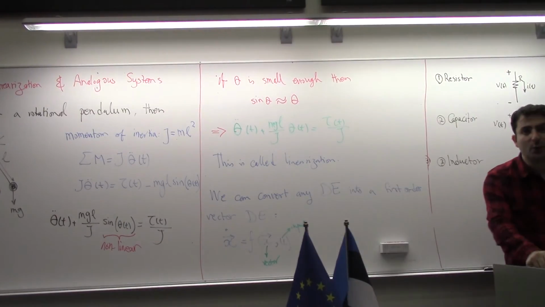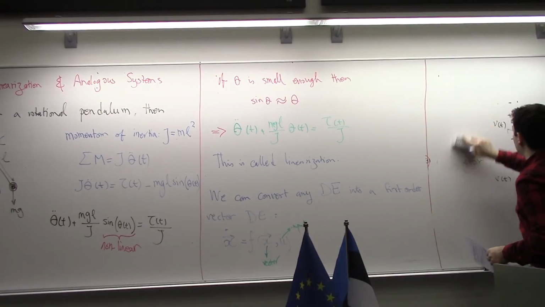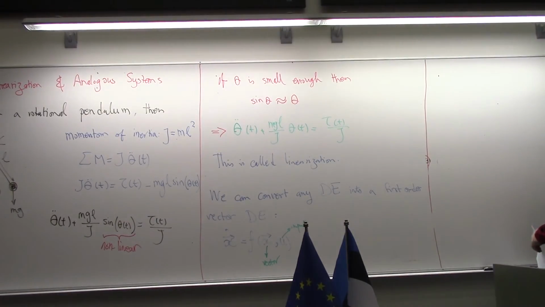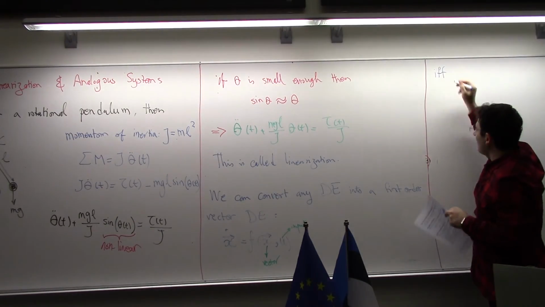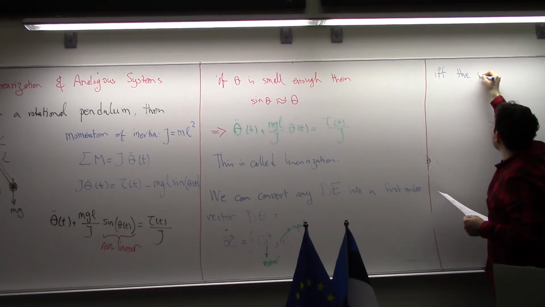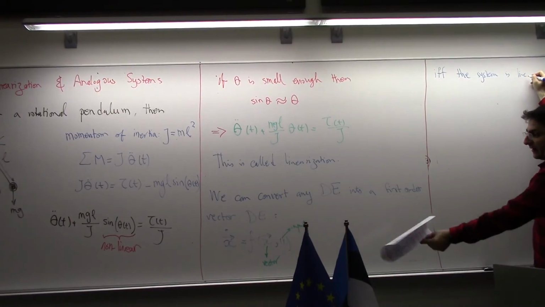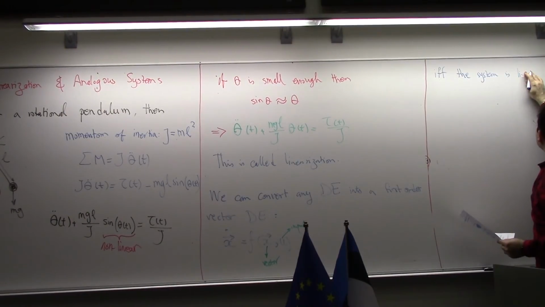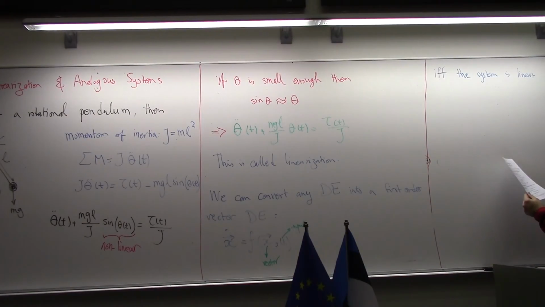So we can do it if and only if, so there is an if and only if for this statement. We write it IFF, which means if and only if the system is linear. Because this is a very good and important property, we want the system to be linear, or we want to approximate with a linear system.